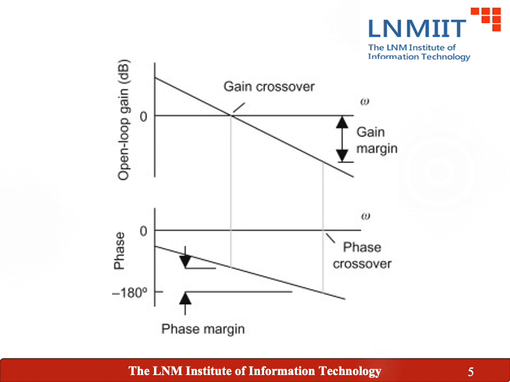The distance between this phase and the minus 180 degree line will provide you the phase margin. Always remember that the gain margin is positive if it is below the 0 dB line, and phase margin is positive if it is above this minus 180 degree line. So this will give you the complete analysis of phase margin and the gain margin.